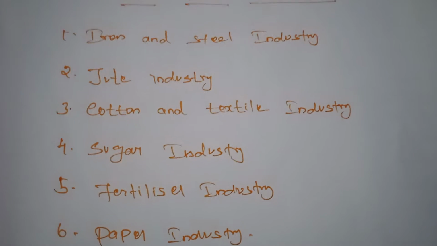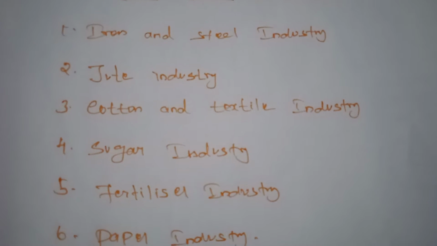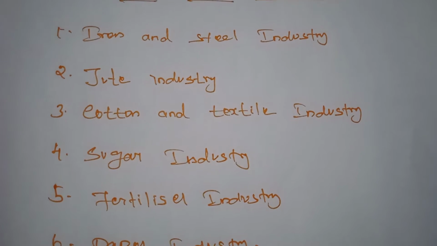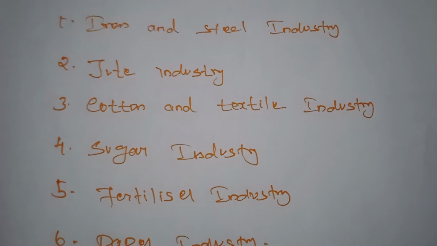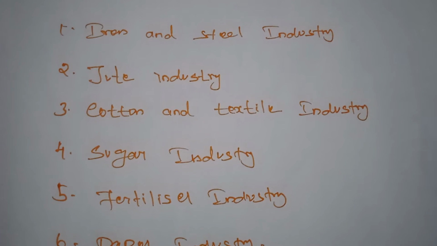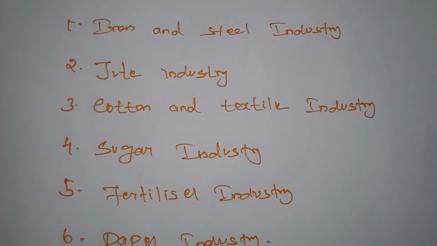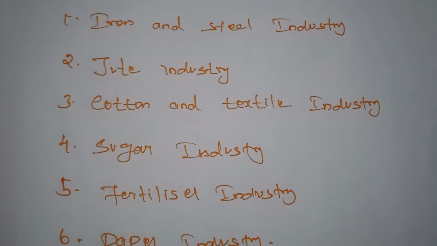The jute industry provides the raw materials for other industries, and the people involved in the agricultural sector also have the possibility to get employment. Its first modernized industrial unit was established in Rishra, located in West Bengal.